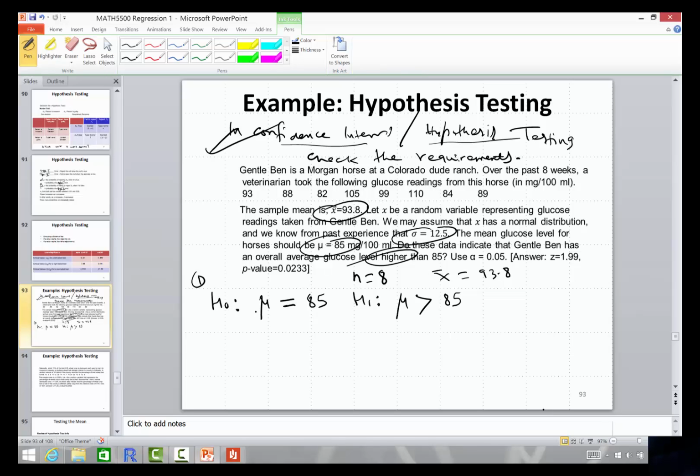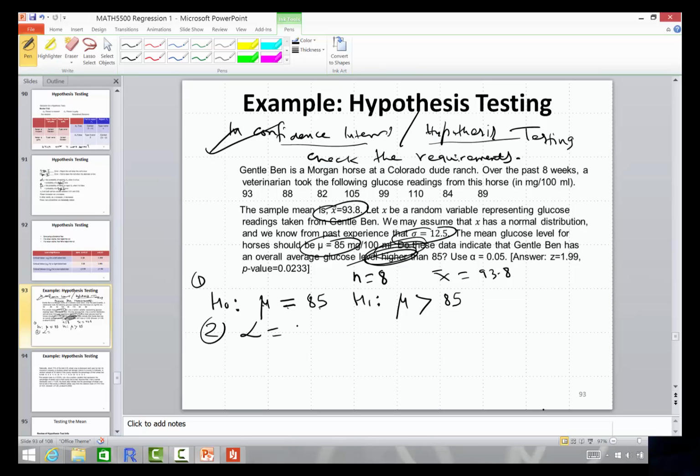The null hypothesis H0 always says the population parameter is equal to whatever is given. That's step 1.